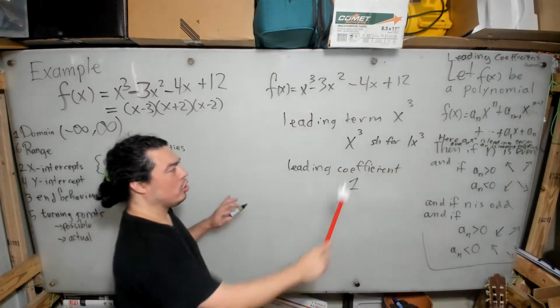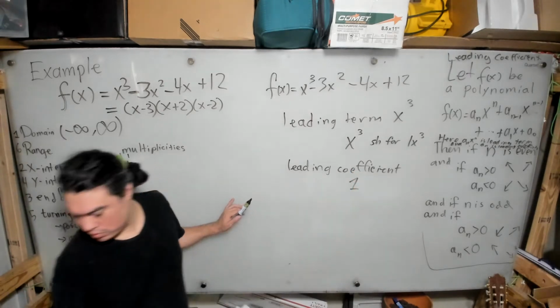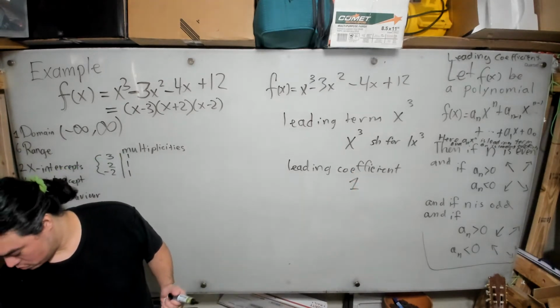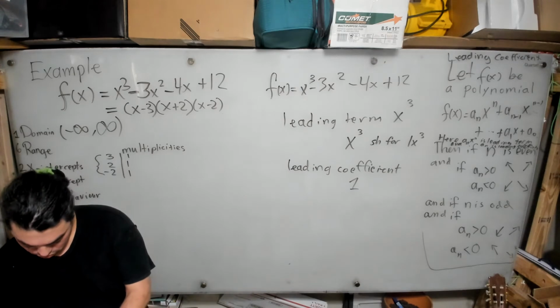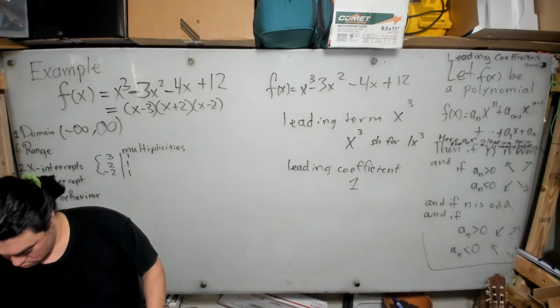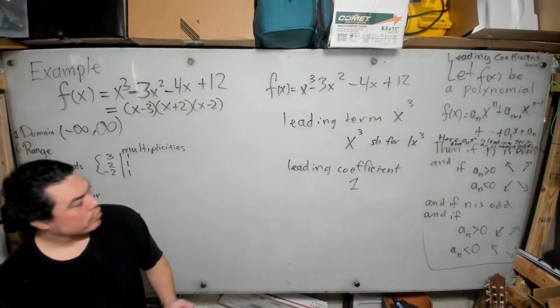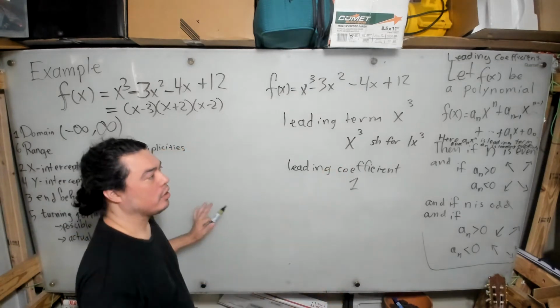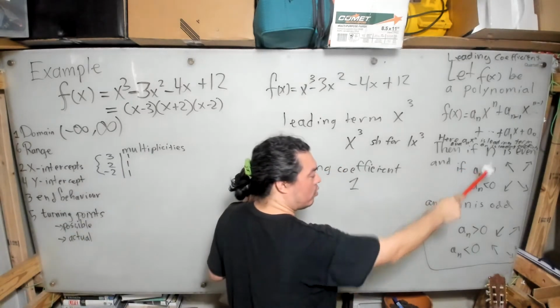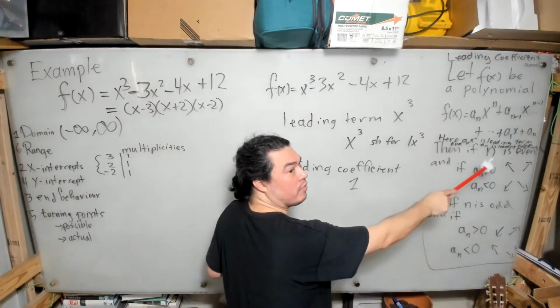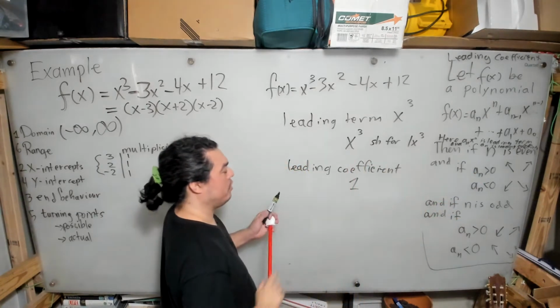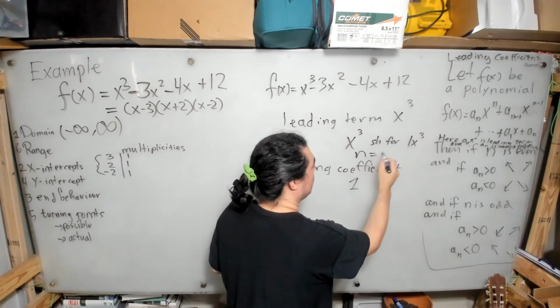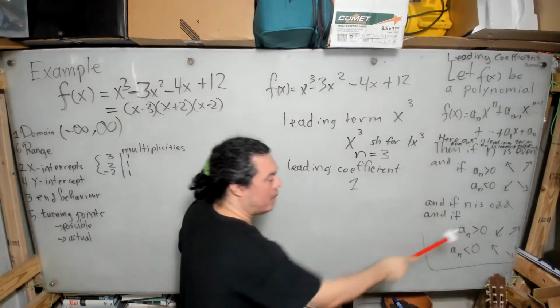So now we can test. Look at the degree here. The degree here is 3. So is the n even or is the n odd? It's not even, right? The degree is 3, so n must be odd.